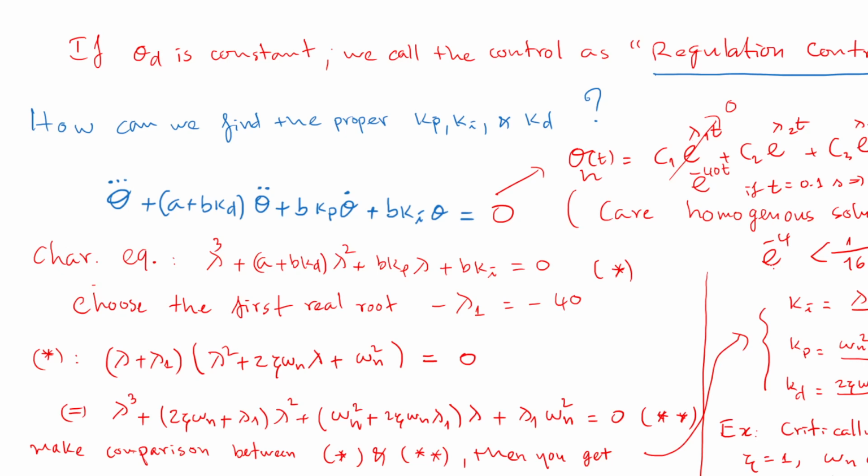So I would say it must be the first root. If I write this way, it should be like this: lambda 1, lambda 2, it's just conversion.